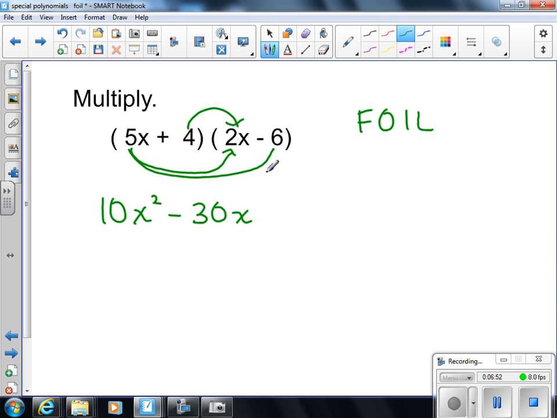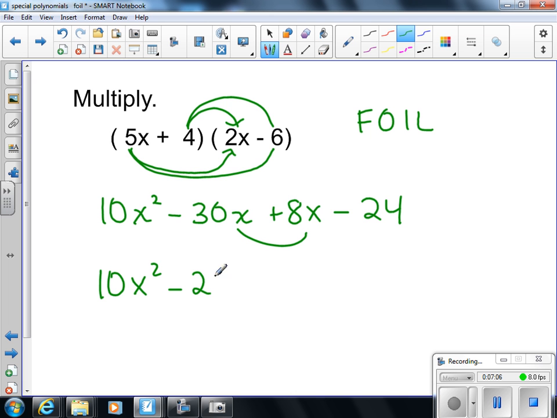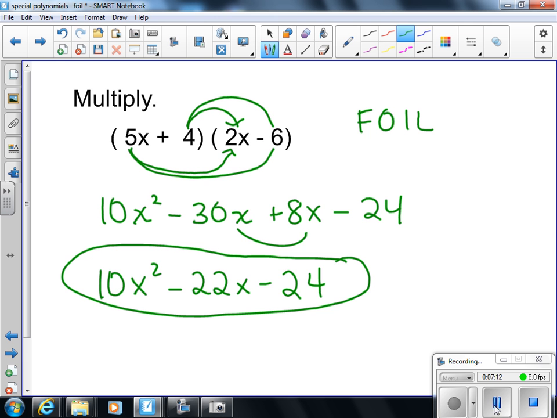Inner, plus 8x. And last, minus 24. Is there anything I can combine? The x terms, and I get 10x squared minus 22x minus 24. Good. Any questions on using FOIL?